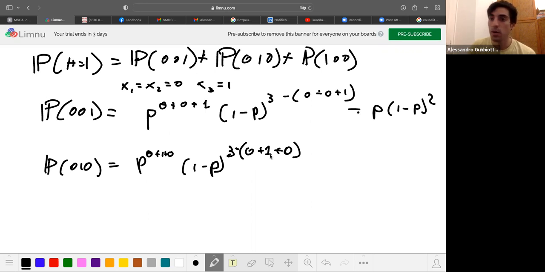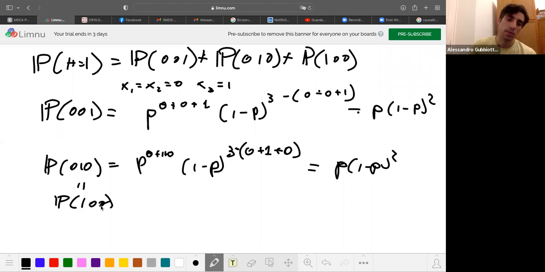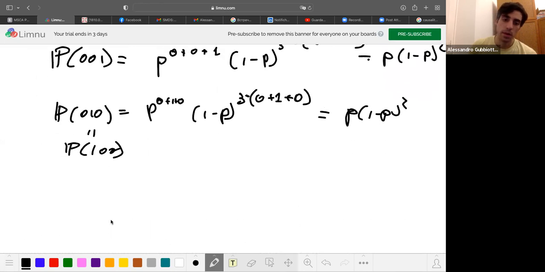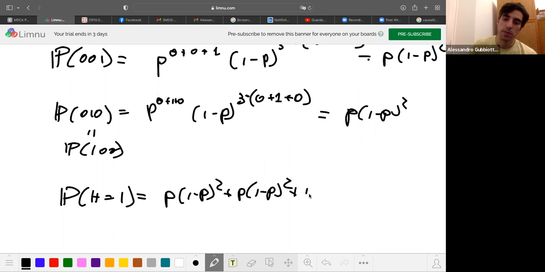So this is equal to p times 1 minus p squared, which is also equal to the probability of 100, so that the probability of h being equal to 1 is equal to p times 1 minus p squared plus p times 1 minus p squared plus p times 1 minus p squared, which is equal to 3 times p times 1 minus p squared.